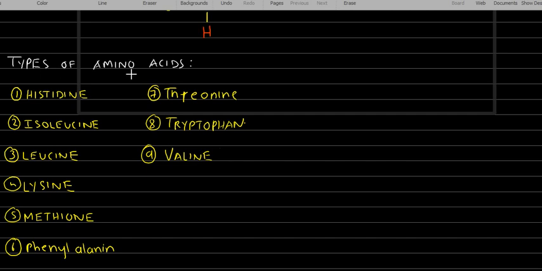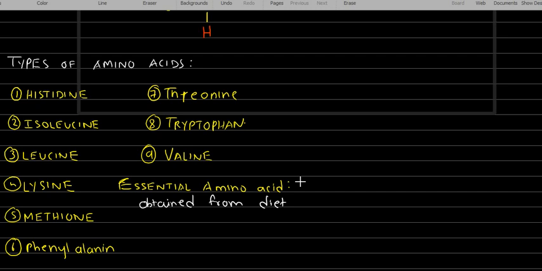Now what do essential amino acids mean? Essential amino acids are the amino acids which are obtained from diet itself.